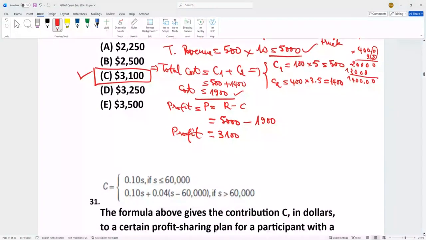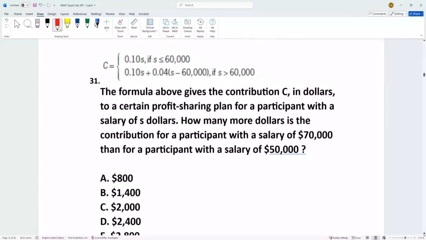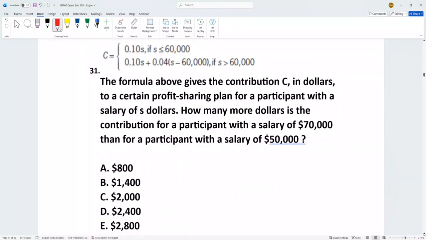Question number 31 says, we have a formula here. The formula above gives the contribution C in dollars to a certain profit sharing plan for a participant with a salary of S dollars. How many more dollars is the contribution for a participant with a salary of 70,000 than for a participant with a salary of 50,000?